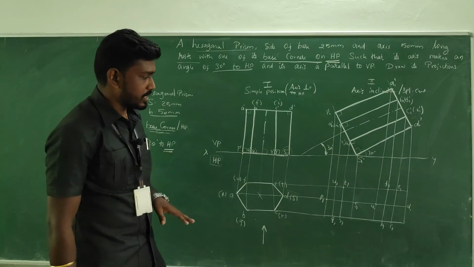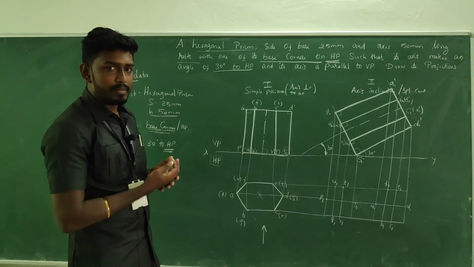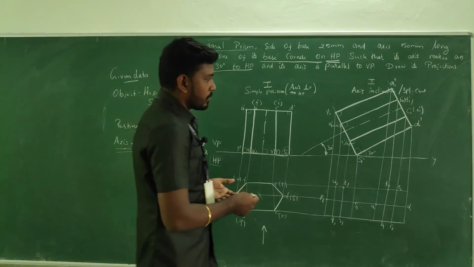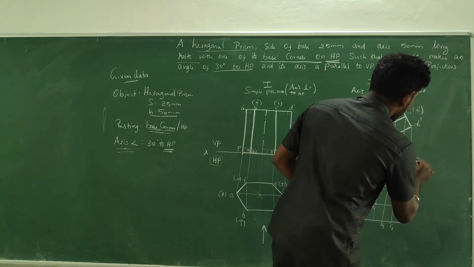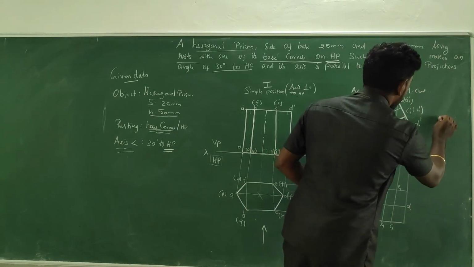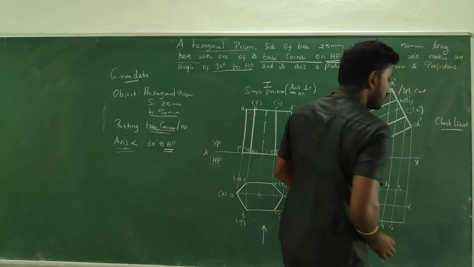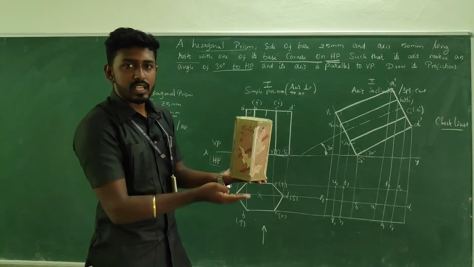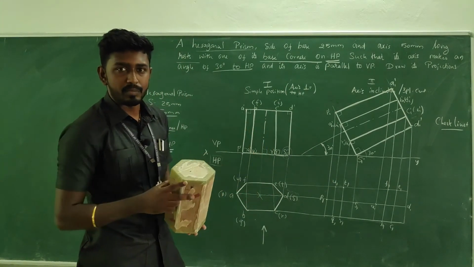After completing it, how to form a checklist, because you should not miss any of the edges. In the checklist, as far as the prism is concerned, you have the top base, the bottom base and the longer edges. These are the major portions.